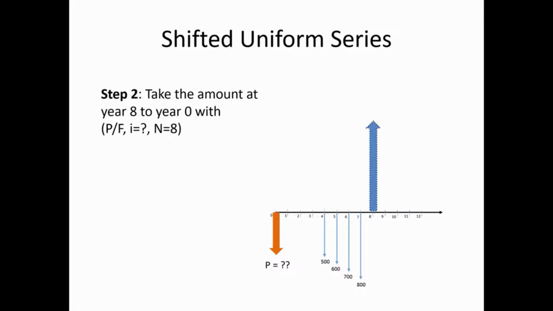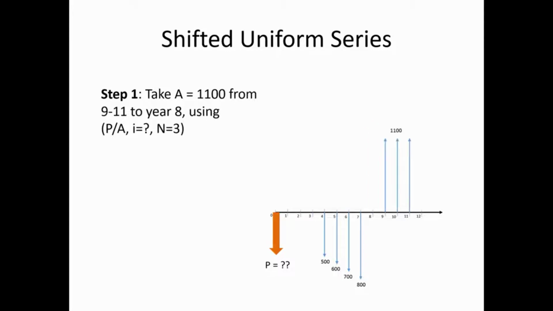Now, in the next step, you take it from year 8 to the present. So you'd have to do a find P given F, discounting a single amount in year 8 to year 0. So it was kind of a staged process: the annual series to a present value, and I guess I should do air quotes.